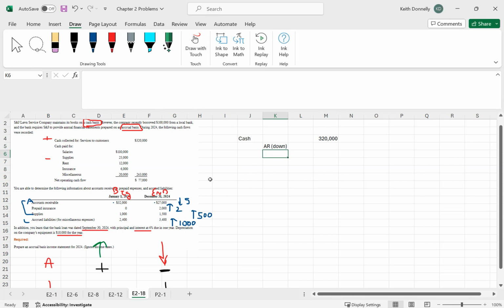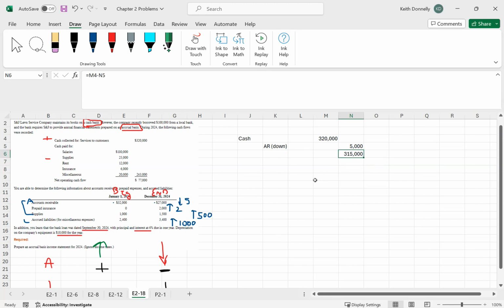How much did we say it went down? Down by $5,000. Our little rule here says, okay, we have a receivable that went down, we have to subtract it, right? 320 minus 5.